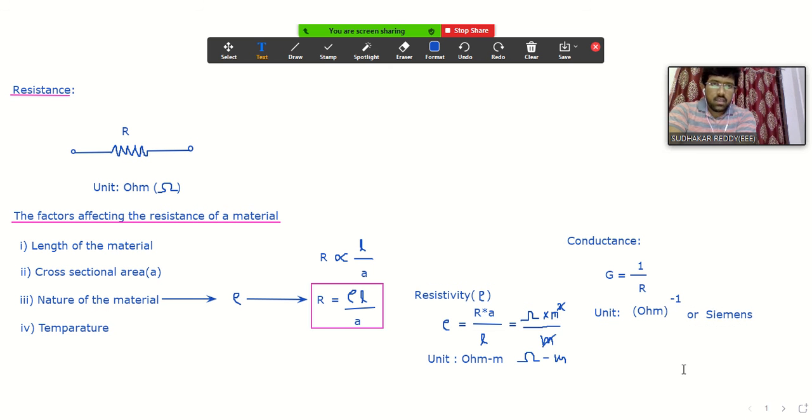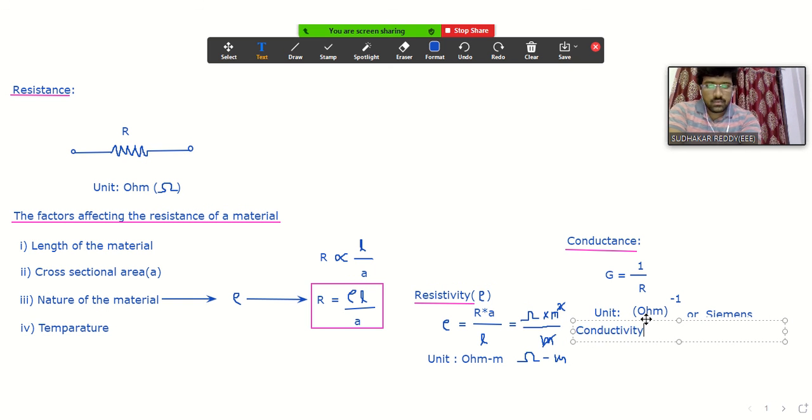And similarly, we will see one more definition also. That is conductivity. Because we already saw the definition for resistivity and then conductance, now conductivity. It is very easy to define also. The conductivity can be defined as the reciprocal of resistivity. And can you guess the unit?